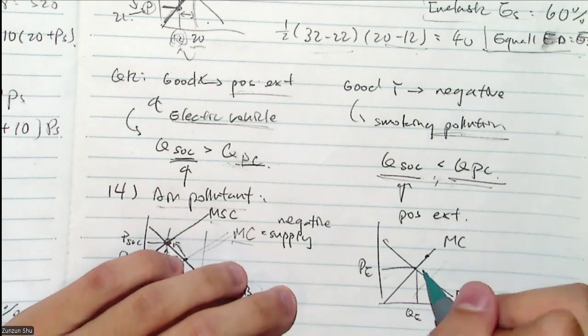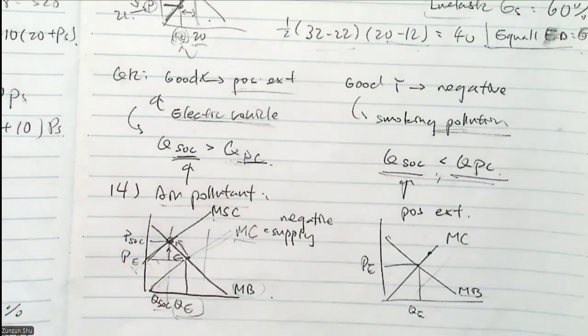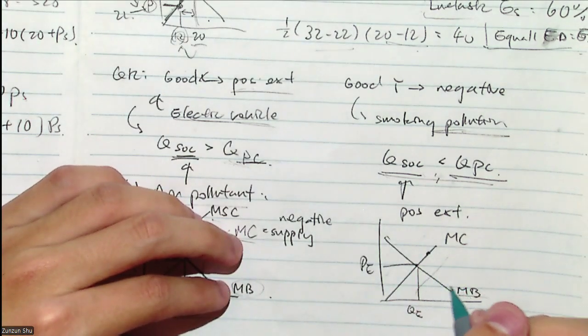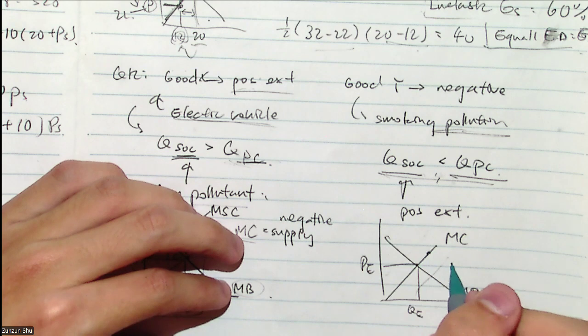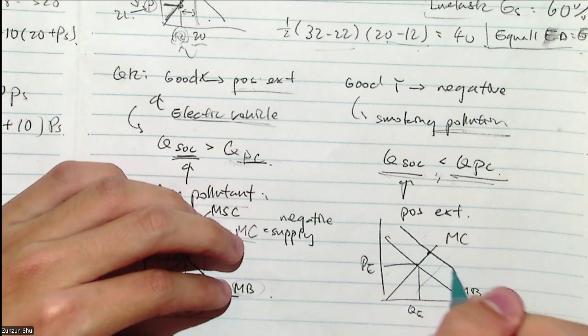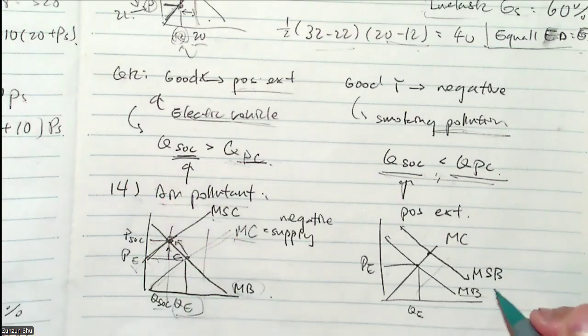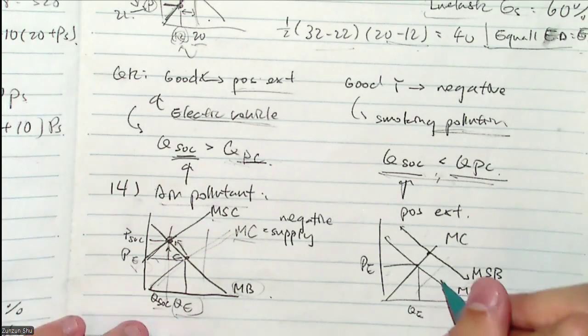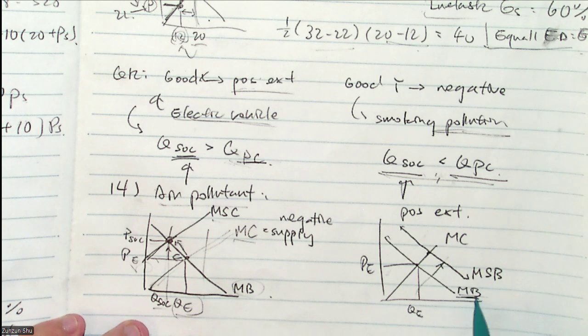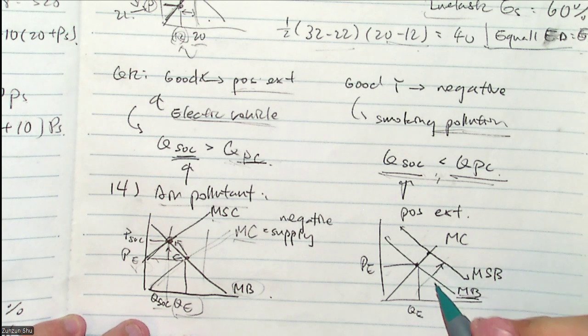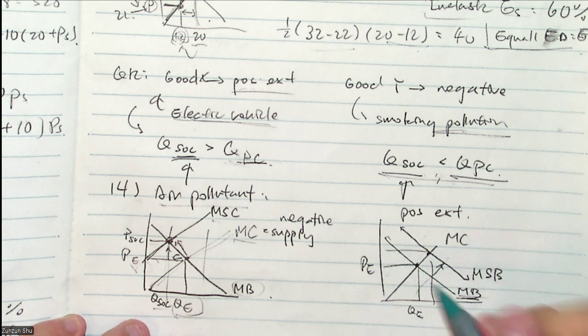It's sort of strange, but I'll get to the reason why. You move the marginal benefit curve, because it's your MSB, your marginal social benefit curve, that is greater than your marginal benefit. And that causes a jump in equilibrium from our old one to our new Q sock.